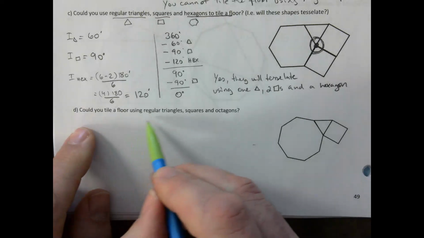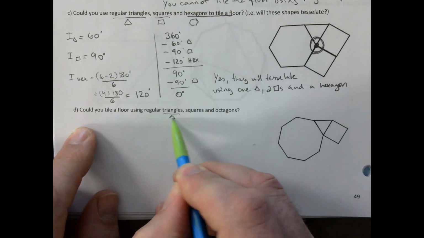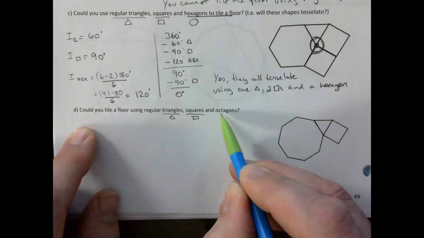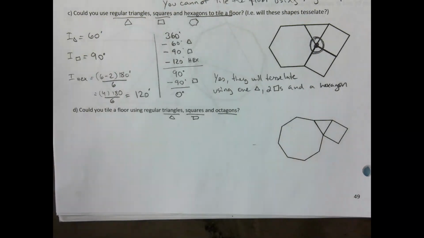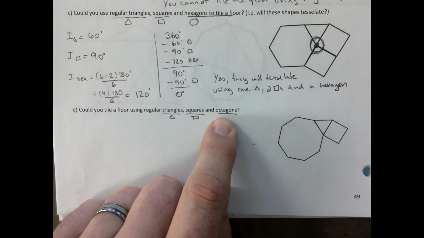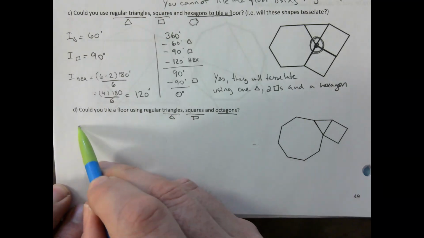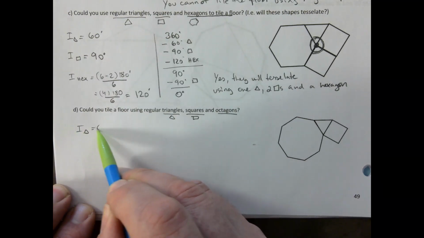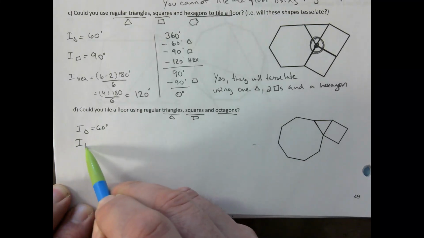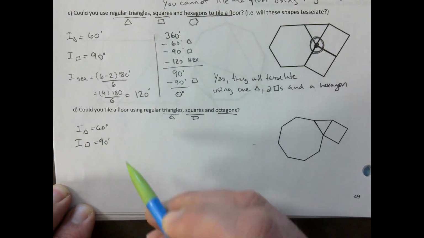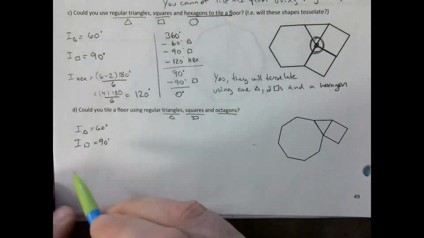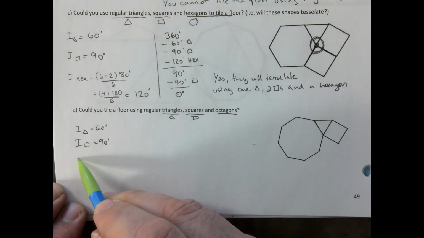So what about using a triangle, a square, and octagons? I'm not going to attempt to sketch that one, but these three shapes, again, triangle is 60, square is 90, so I give you permission to do that if you have most of them there.